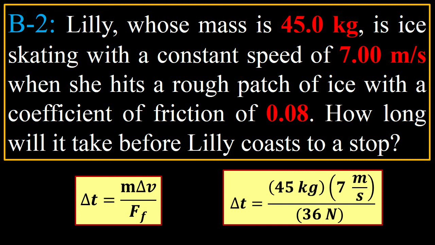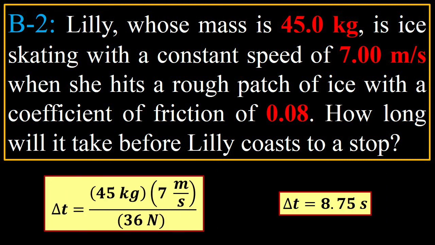Can you estimate it? Well, the 45 and 36 is going to kind of cancel to 1. So it'll be a little over 8, 9, 10 seconds, because that'll be like 1.3 times 7. So it'll be about, I'm guessing, about 10 seconds. And 8.75, yeah, between 7 and 10 seconds. That's about right. Because 45 over 36 is, I don't know, 1 point something, 1.4, 1.3.